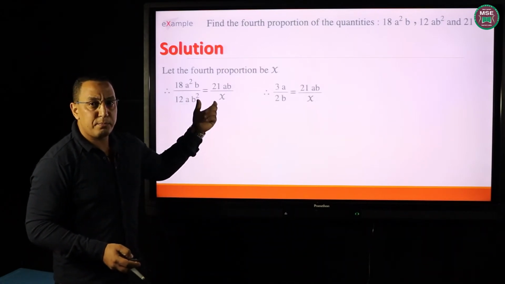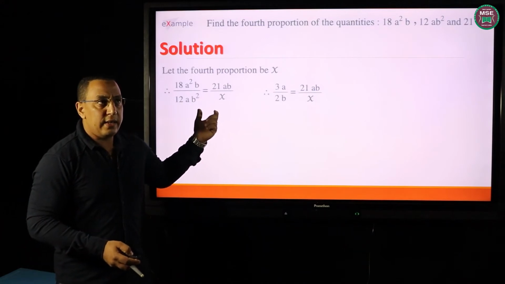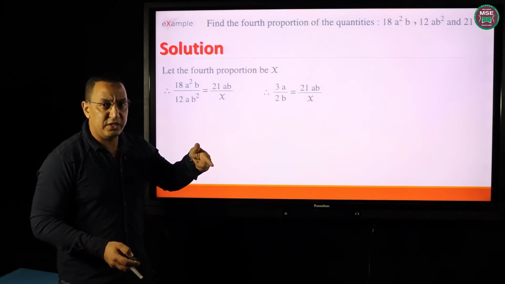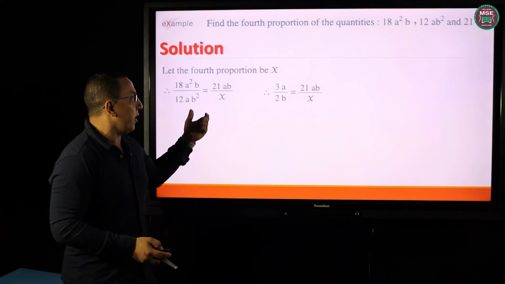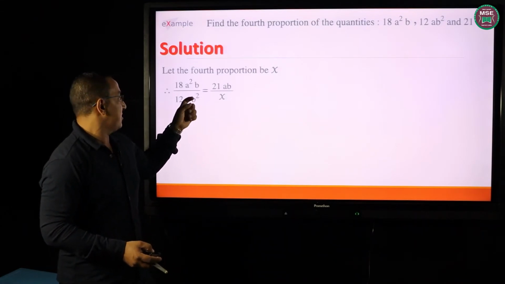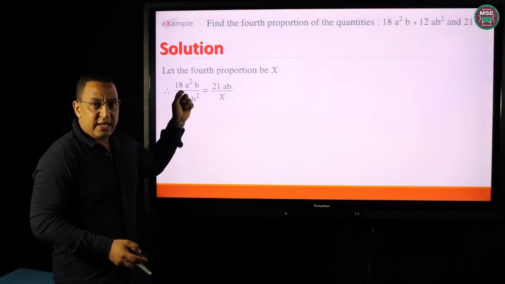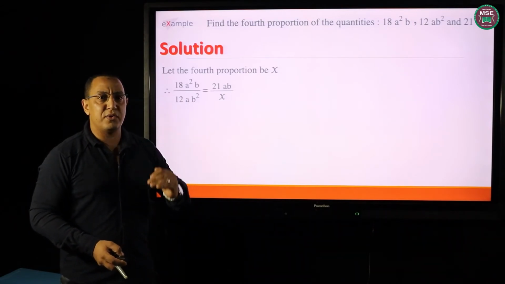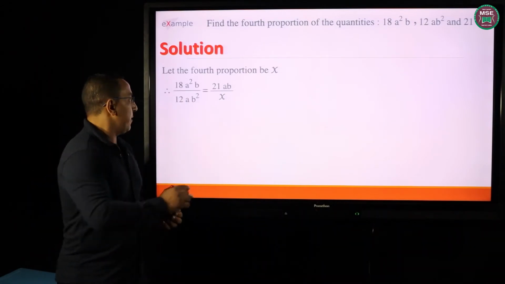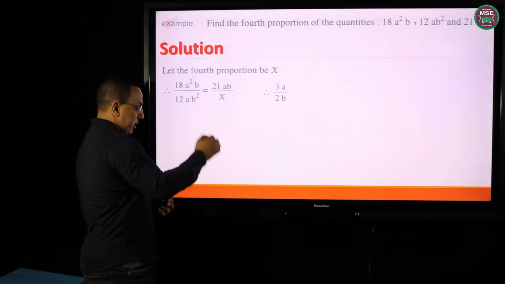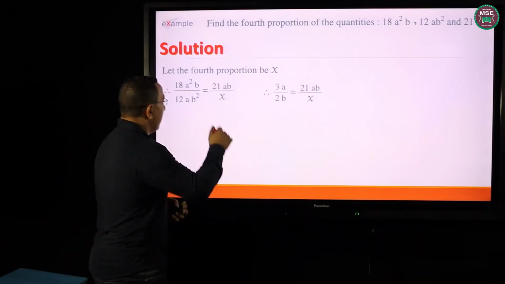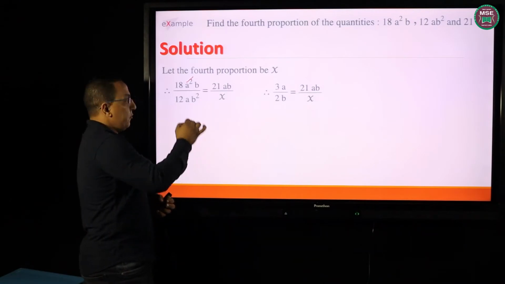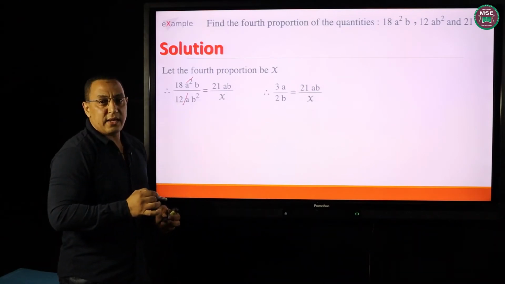But before making a cross multiplication, I'm going to simplify the ratios like this. 18 over 12, by using the calculator, equals 3 over 2. And now I have here a squared and the a, I'm going to cancel the a squared with a, okay, like this.